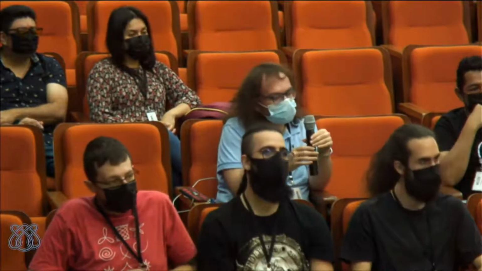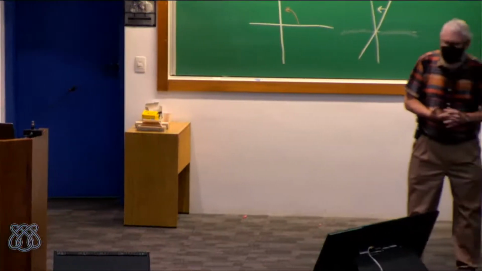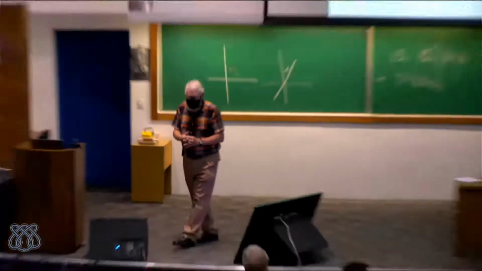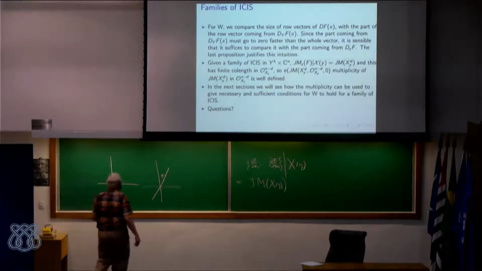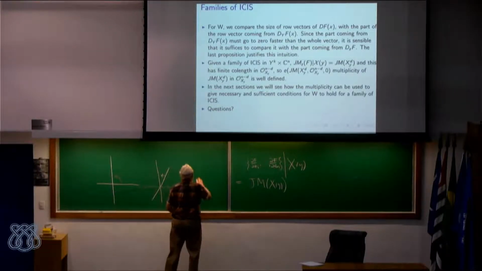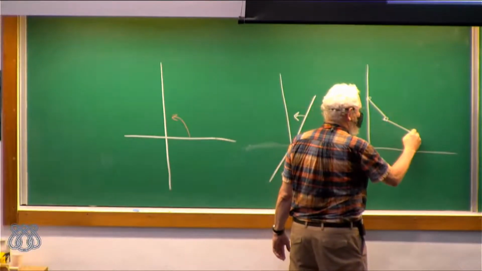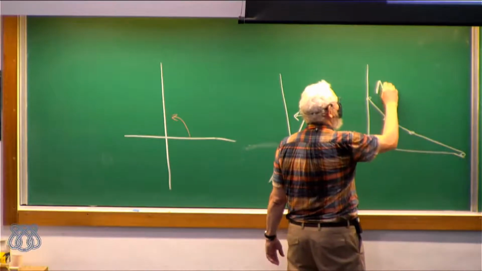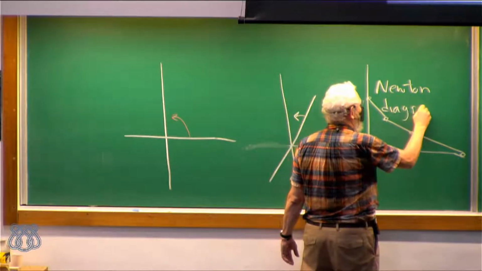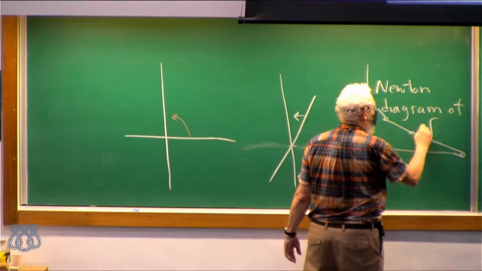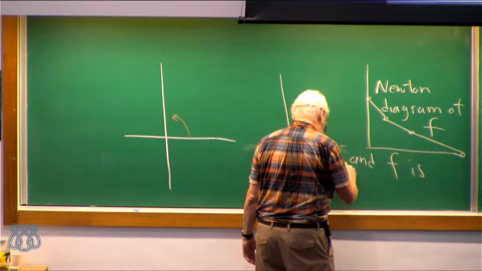So during the exercise section next week, I'm going to give lots of examples of how you can compute the integral closure of an ideal. Just as a preliminary, suppose this is the Newton diagram and F is Newton non-degenerate.